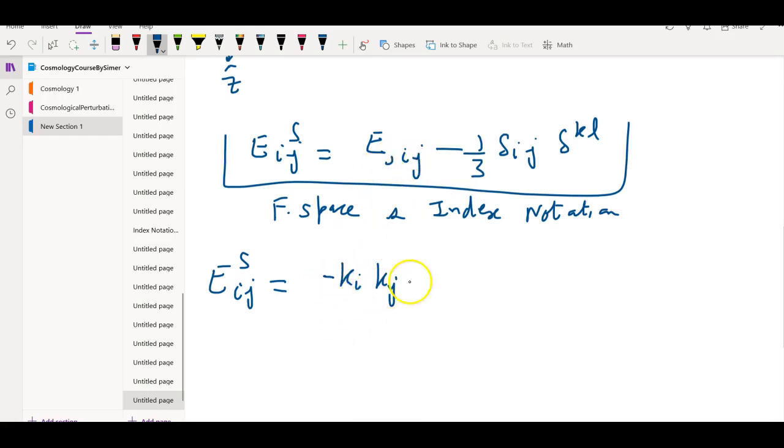So this will be minus k_i k_j, and this has to be E_KL. This is basically the trace part, and this would stay as it is.